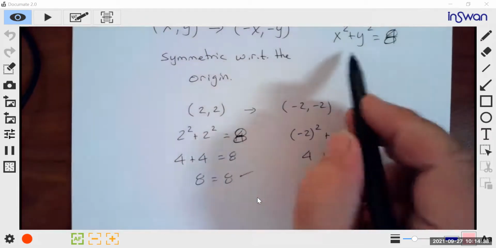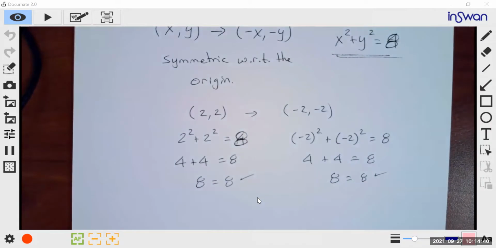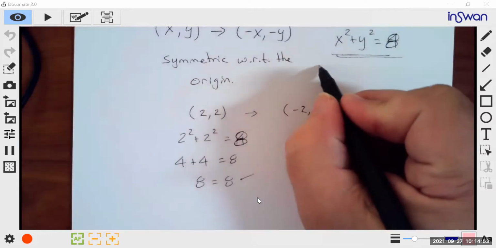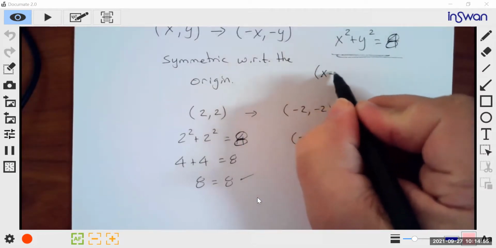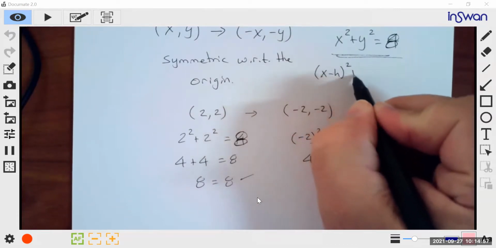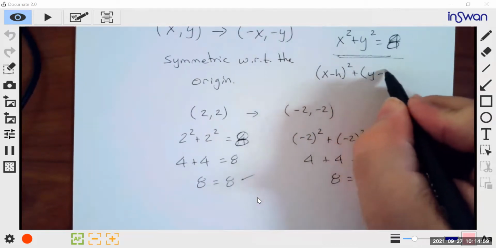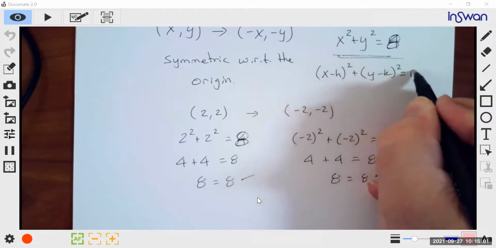Exactly. Well, what does this graph look like? Chapter 1 already forgotten? Yes, it's a circle.